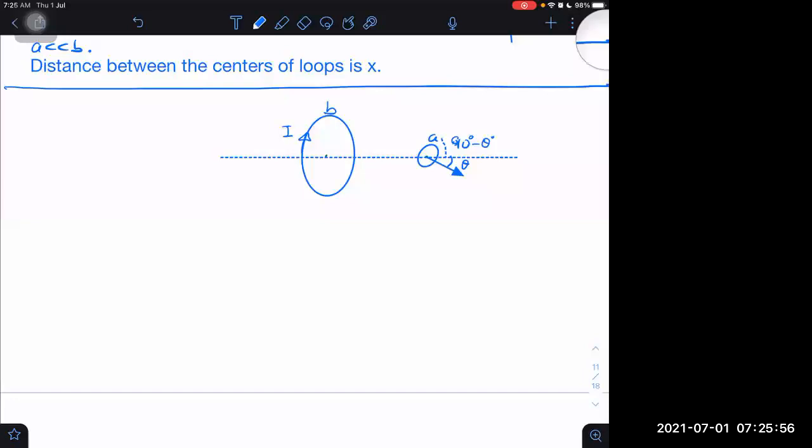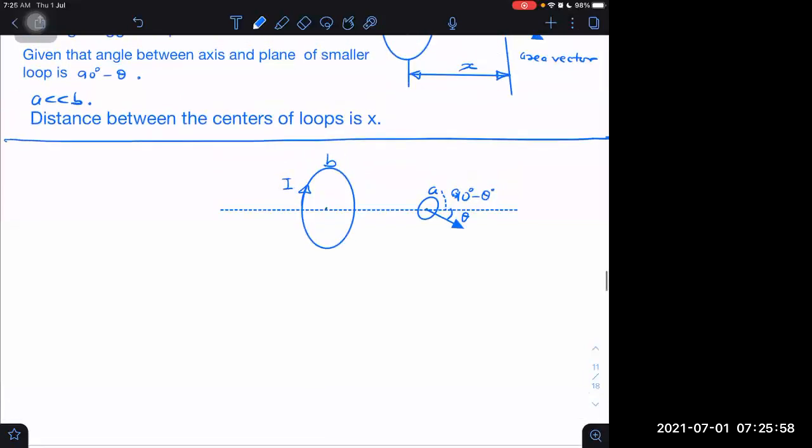Mu naught a square I cos theta by 2 pi x cube, I'm getting, sir. I think it is better to write it in terms of A1 and A2. We can write it as a dot product.